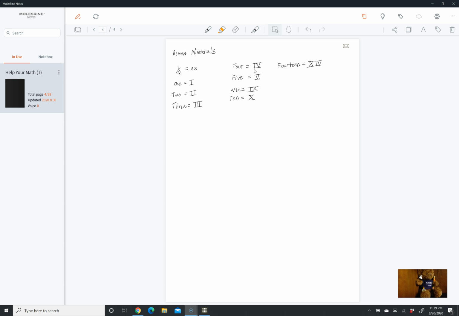Okay. The next number that we get to that's represented with something other than X's, V's, or I's is 50. So 50 is represented with an L. 100 would be the next one.